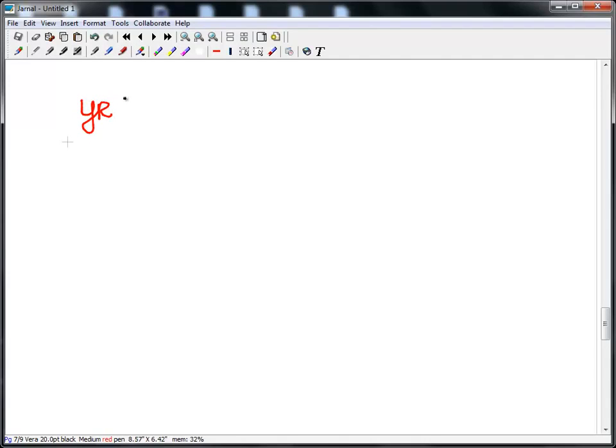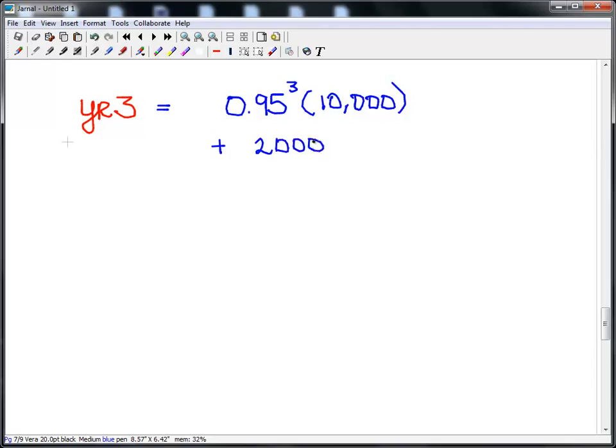It's just doing the same process again, but if I talked through it, it would be overkill. So for year 3 it would be 0.95 cubed by 10,000 plus 2,000 plus 0.95 times 2,000 plus 0.95 squared times 2,000.